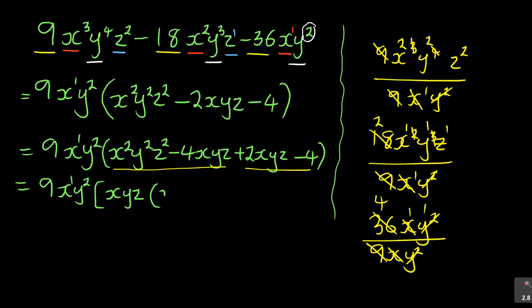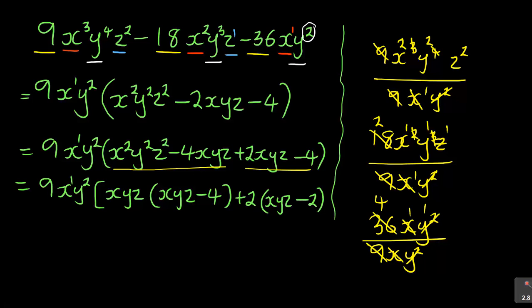So here you'll be left with xyz minus, in this other one, the 4 will remain, but the x cancels the x, the y cancels the y, the z cancels the z, so it's minus 4. I must get a similar bracket, then it's plus, see 2 and minus 4, 2 is common, there are no letters there, so 2 into 2xyz, it's xyz, minus 2 into 4, it's minus 2.